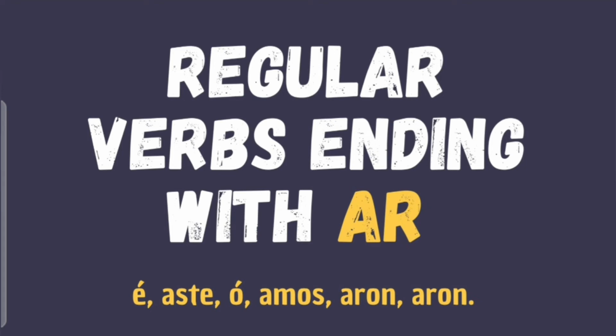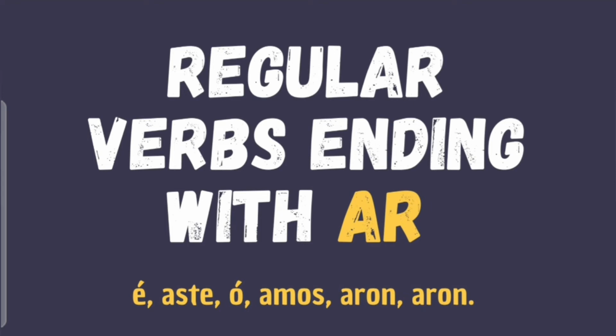Now, let's go to the personal pronoun we, nosotros. Then your verb in the indefinite past has to end with amos. If you're talking about the personal pronoun you in the plural form, ustedes, your verb has to end with aron.